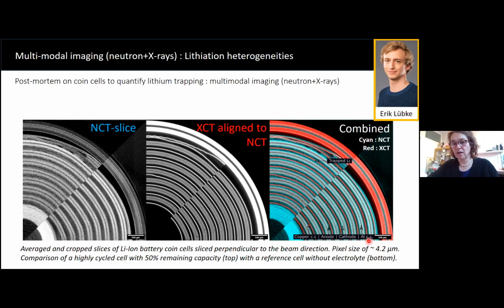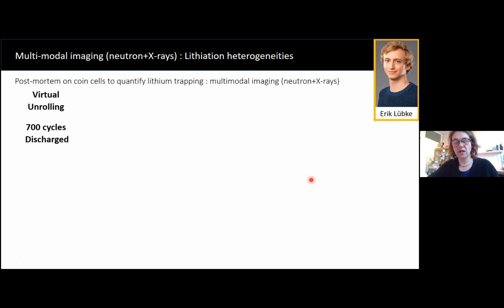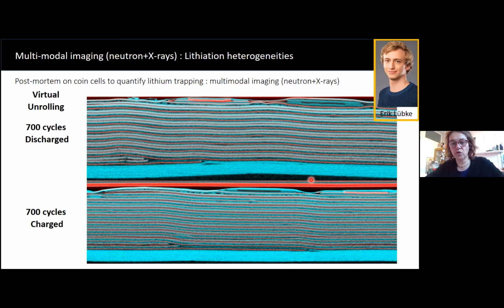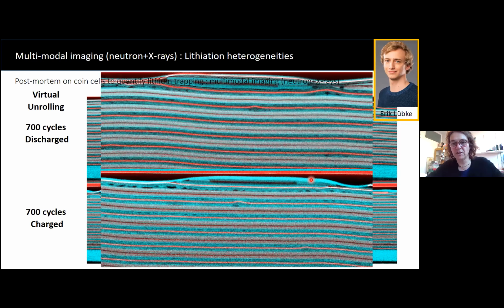where you see that there has been some significant changes that we can further look at by performing a virtual unrolling of the battery. You can see now the battery when it has been unrolled in the discharged state after 700 cycles. You can compare this to the one that is in a charged state. And if you want to look more, you make a zoom and you see very typical features of aging, like, for instance, regions where the current collector is bent here.